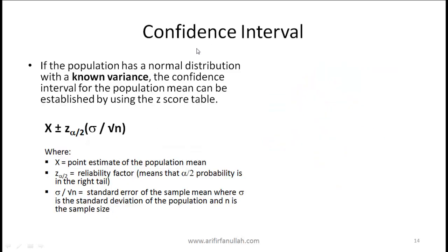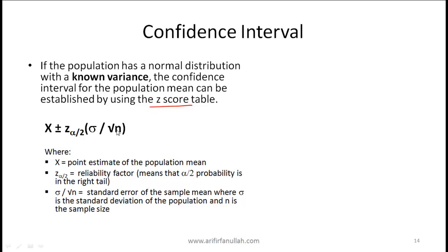Let's look at confidence interval in the context of a normal distribution. If the population you are dealing with has a normal distribution with a known variance, the confidence interval for the population mean can be established by using the z-score table, or basically a standard normal distribution.